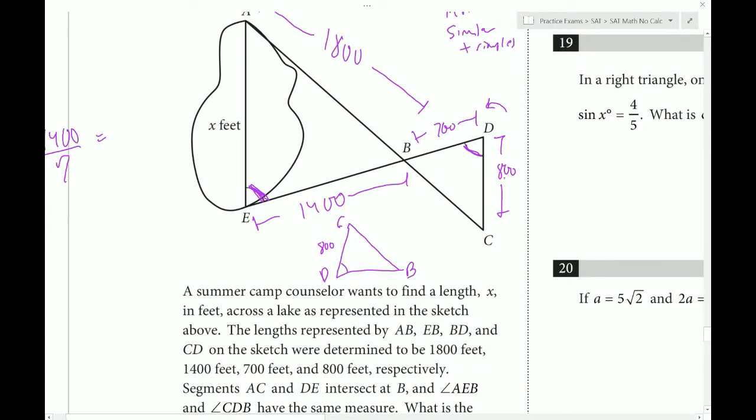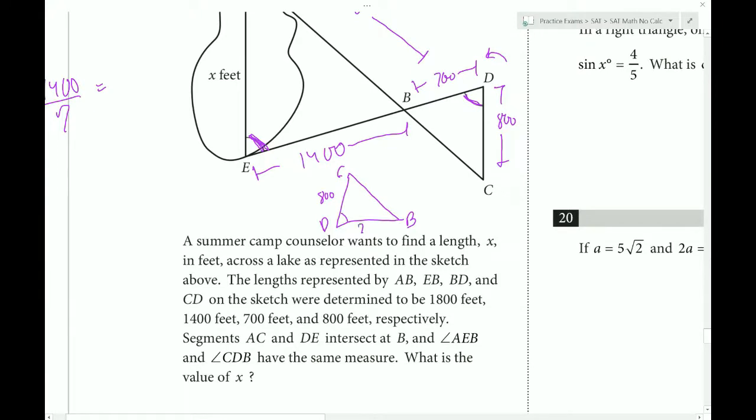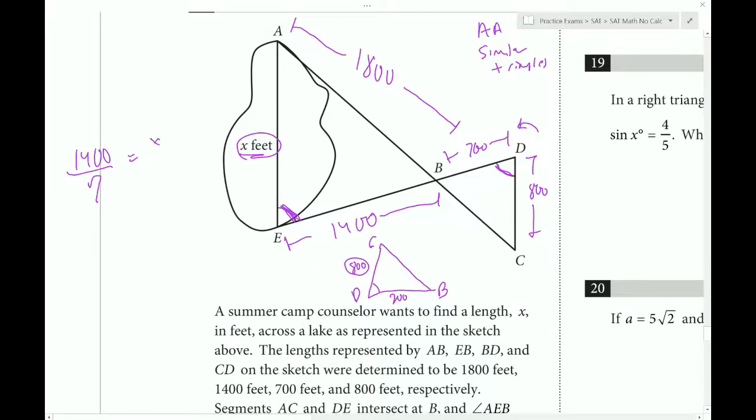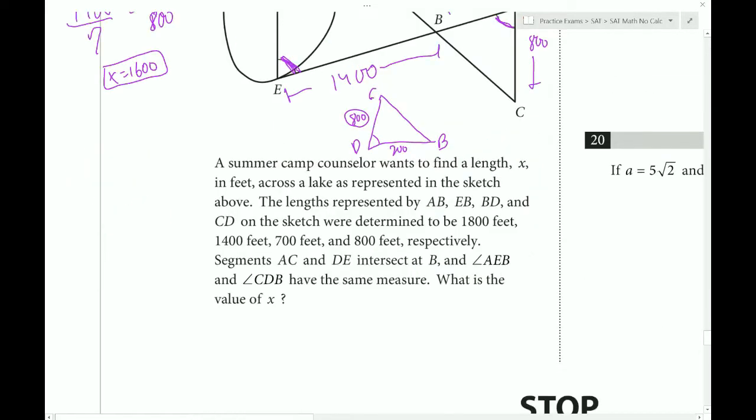So I was correct in my assessment. BD is 700, so this would be the corresponding side with this 800. So I can fill that in here: x over 800. If I cross multiply, I get x equals 1600. So that'll be our answer here.